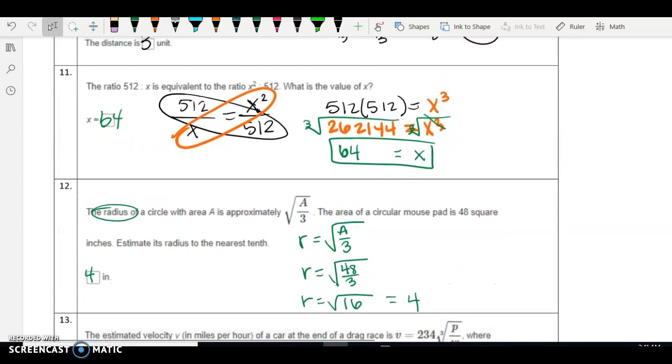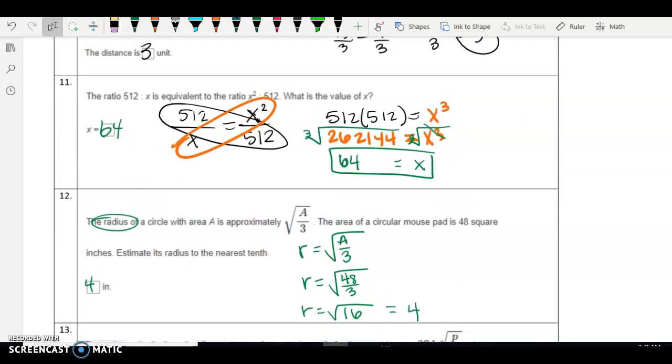All right, number 11. This one says the ratio of 512 and x is equivalent to the ratio of x squared to 512. So we set them as fractions. Whatever comes first is on top, whatever comes second is on bottom. We can cross multiply.